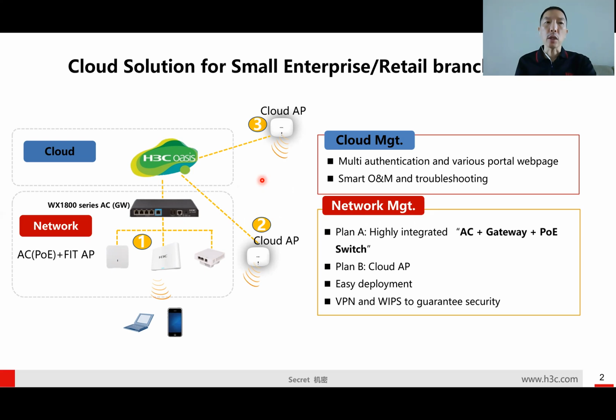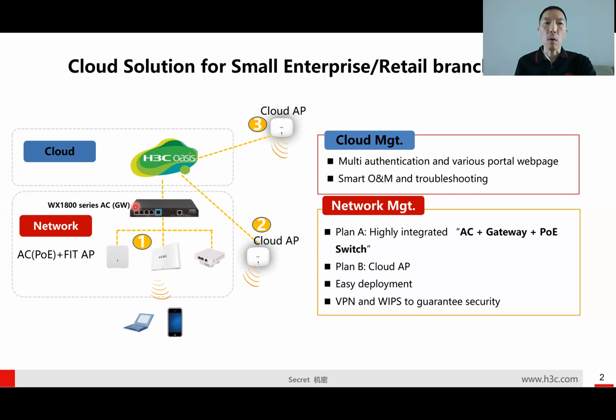branches. In this network diagram, you see that in the cloud, on the internet, our H3C Oasis is already launched in the market. For example, if you have a very small office, you can put one of our products called WX1800.